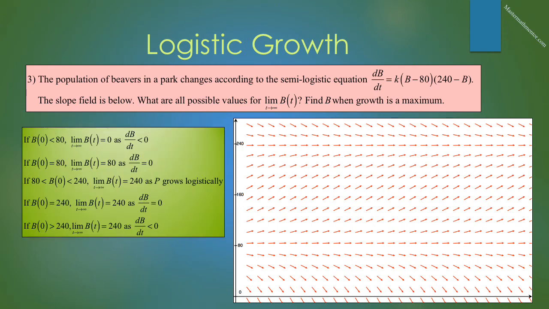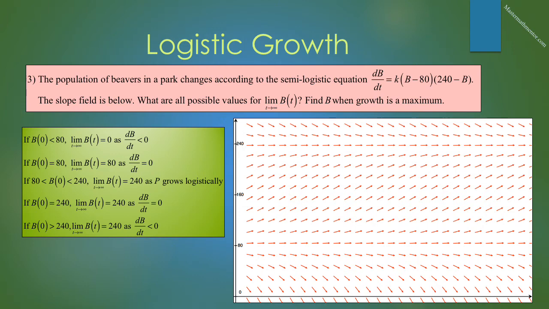This is the type of problem you could see on the AP exam because it requires a little bit of thinking. The given differential equation is not quite in the form of a logistic differential equation.